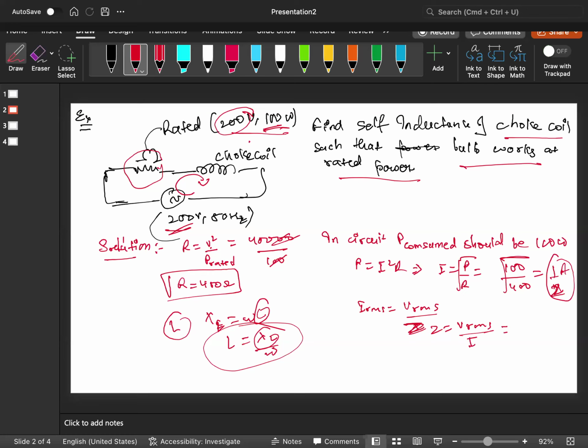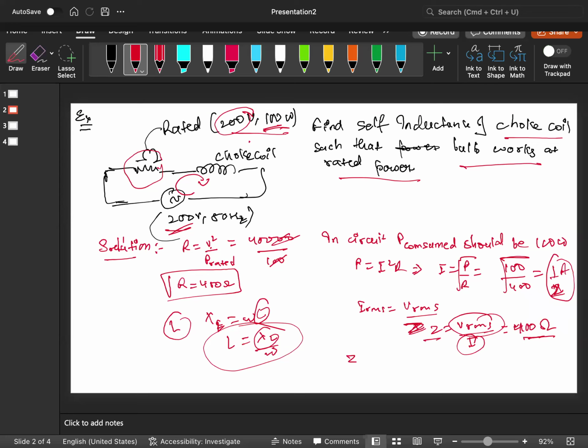If you solve it out, 200 divided by 0.5 will result again in 400 ohms. Okay, this is the result in this case, 400 ohms.